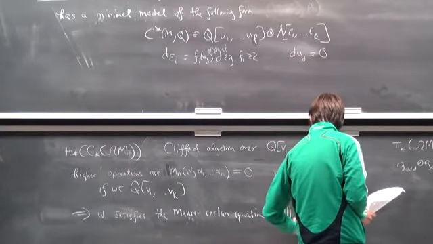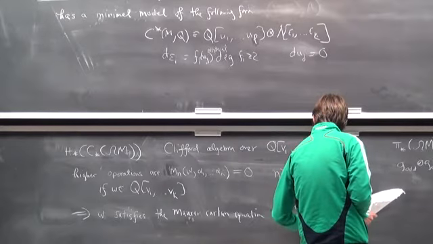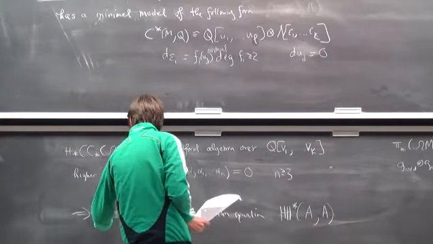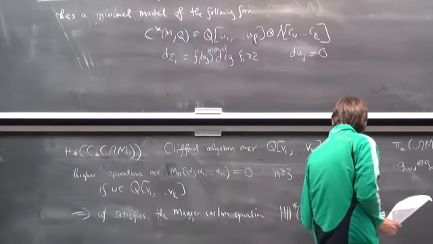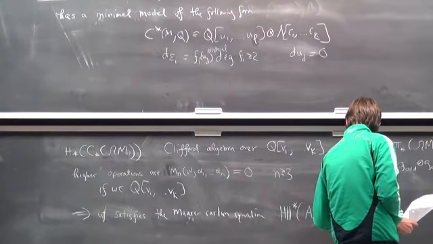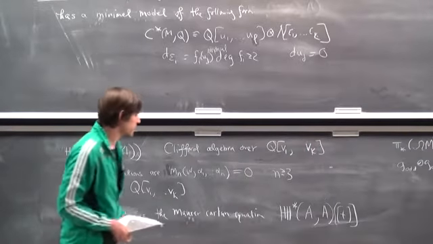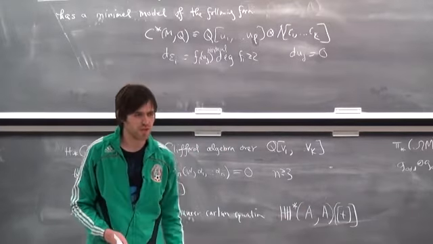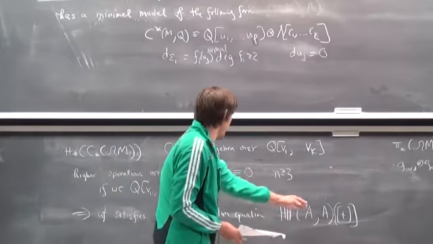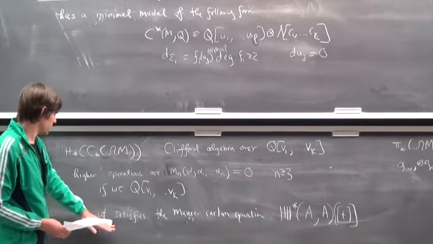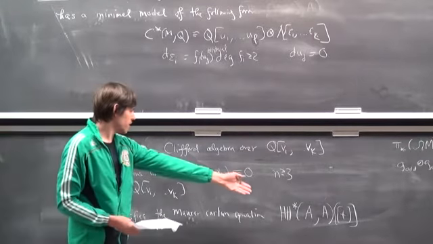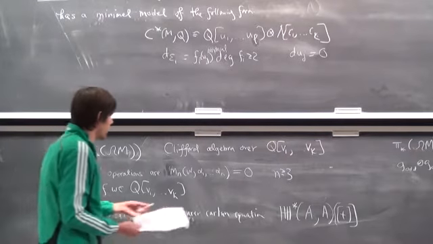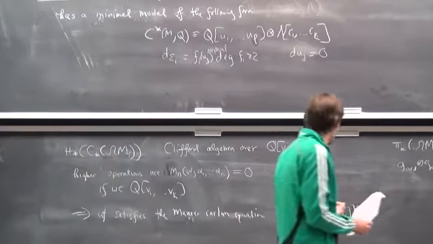So WT satisfies it in this guy. This gadget controls the deformation theory of A, and so WT satisfies the Maurer-Cartan equation, which means that you get a deformation, what's called a curve deformation.